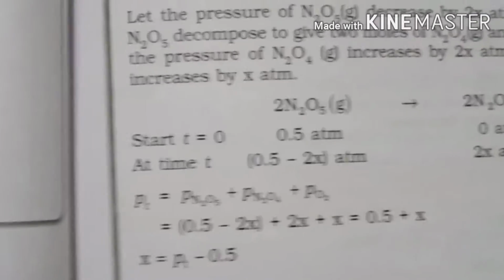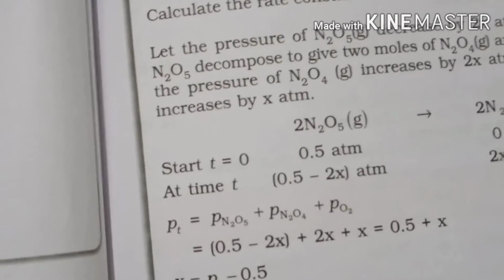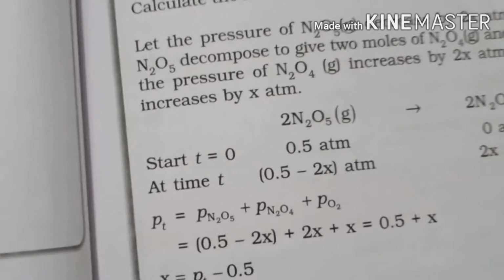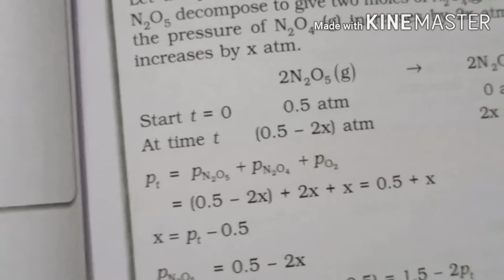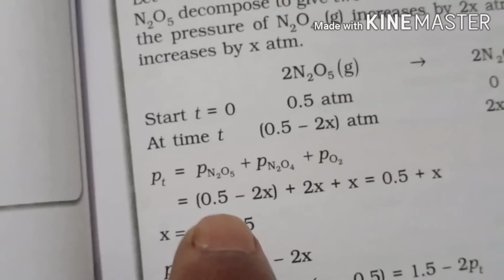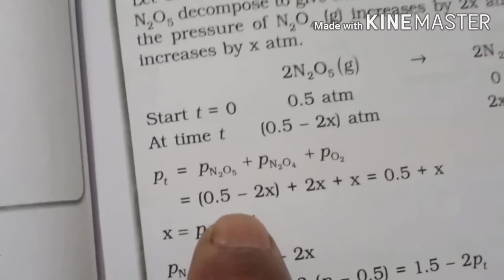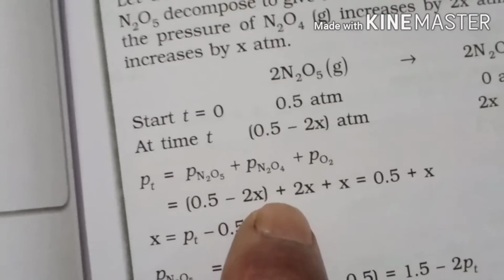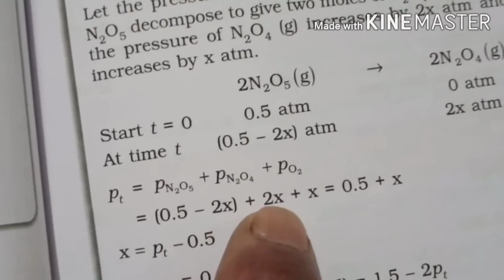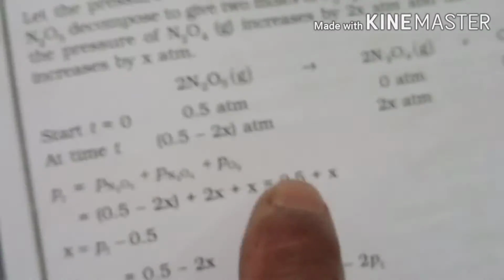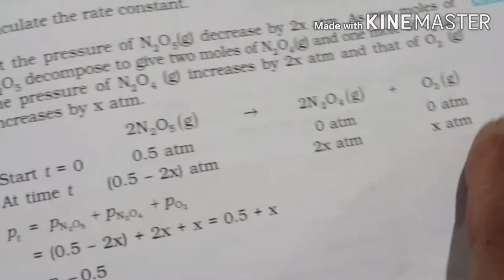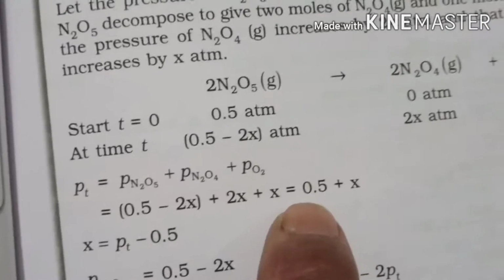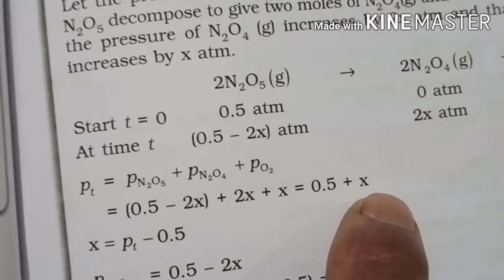PT equals P of N2O5 plus P of N2O4 plus P of O2. So substitute the value for the P of N2O5: 0.5 minus 2x, plus P of N2O4 is twice x here, and for the O2 you substitute x here. So you will get 0.5 plus x.